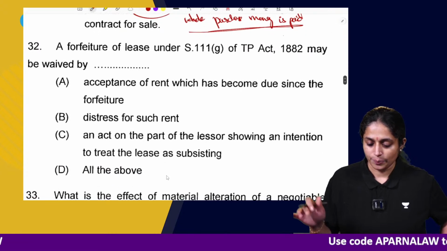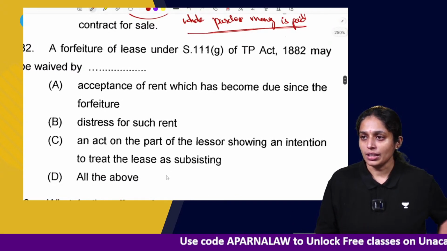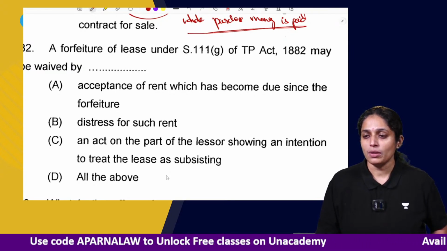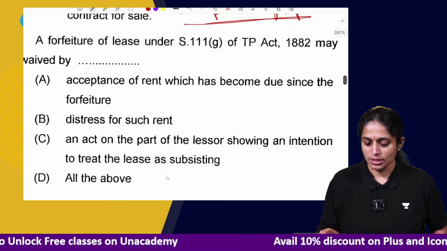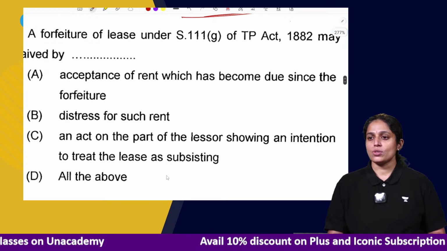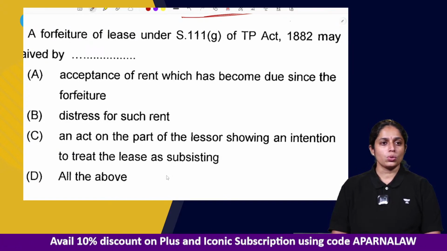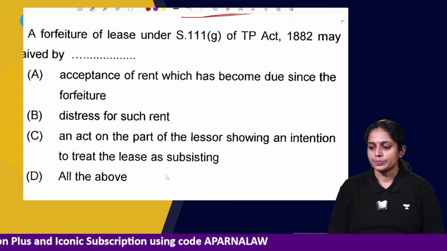Then the 32nd question. A forfeiture of lease under section 111(g) of the TP Act 1882 may be waived by: A, acceptance of rent which has become due since the forfeiture; B, distress for such rent; C, an act on the part of the lessor showing an intention to treat the lease as subsisting; and D, all of the above.